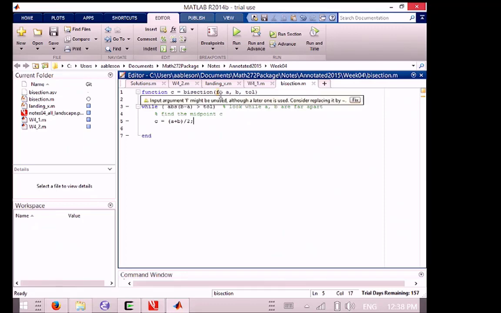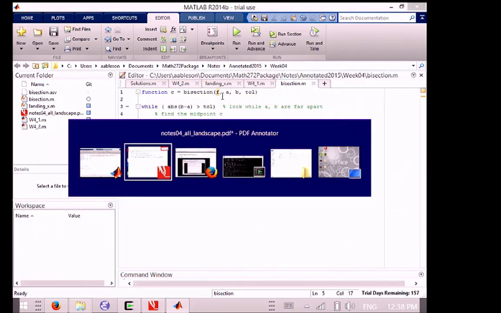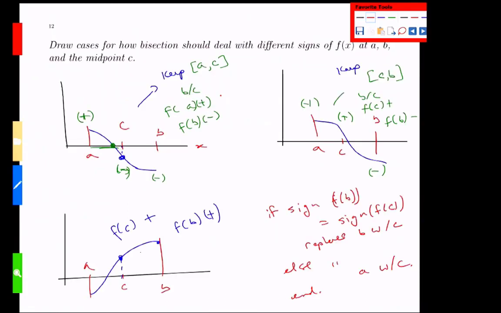MATLAB's actually giving me a little reminder here that the input argument f hasn't been used yet. We haven't used our function yet. So we're going to essentially implement what I wrote on the page there in MATLAB. This, bottom right-hand corner. If the sign, and there's actually a function in MATLAB called sign, which says plus or minus. If the sign of f of c is equal to f of b, we're going to build that if statement in.